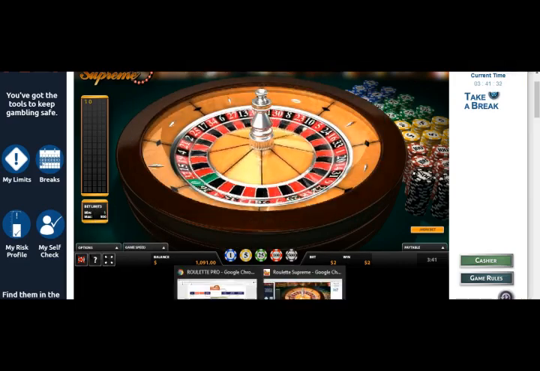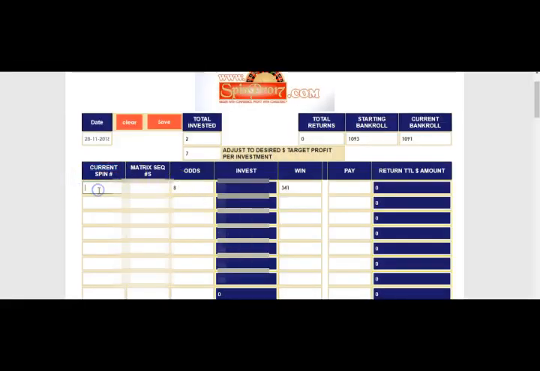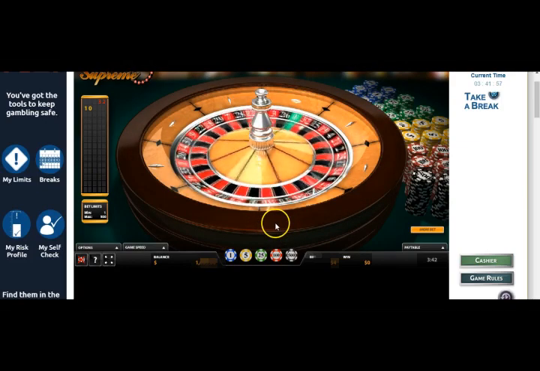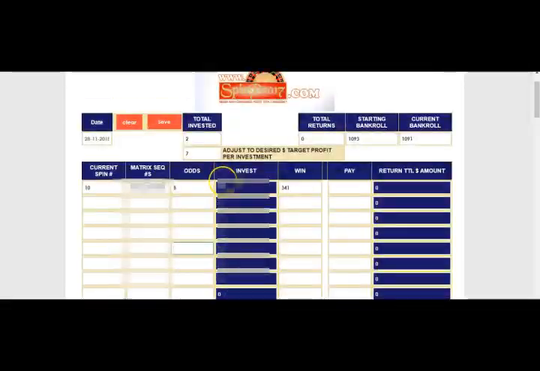Okay, so our first number is, obviously it's 10, and we have to start off that way. And again, for proprietary reasons, we really can't show you the entire sequence, but certainly we know where we're going. Okay, so our first bet was 4. I'm going to put that in here.